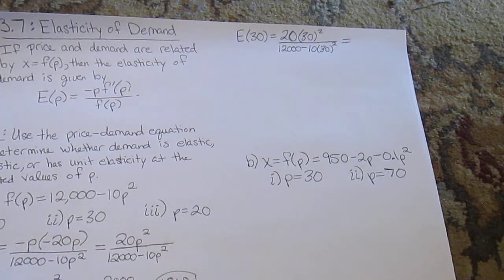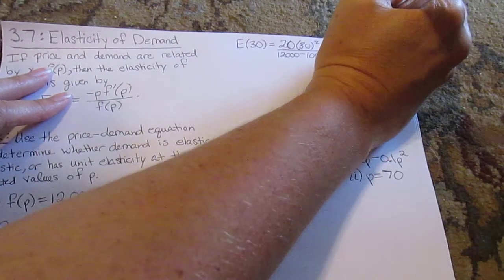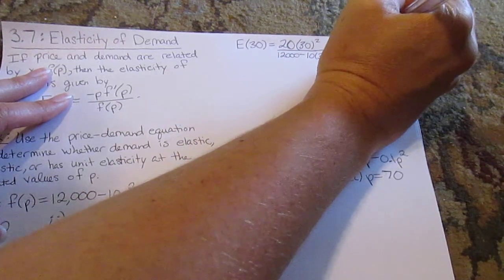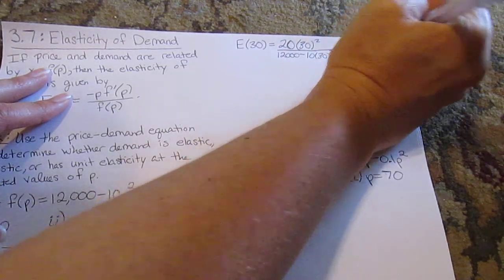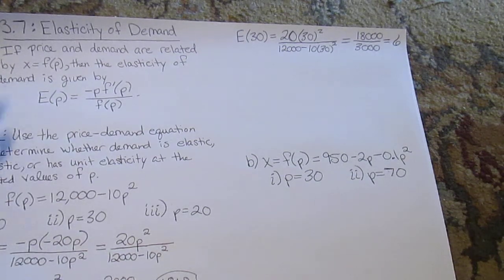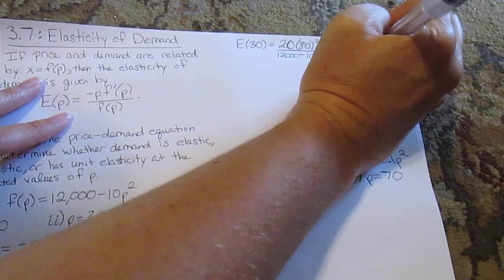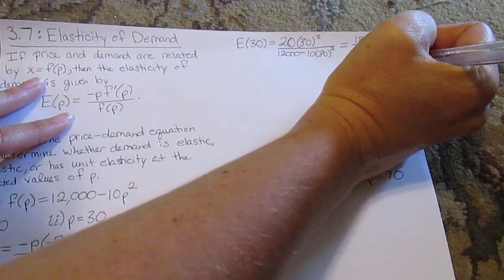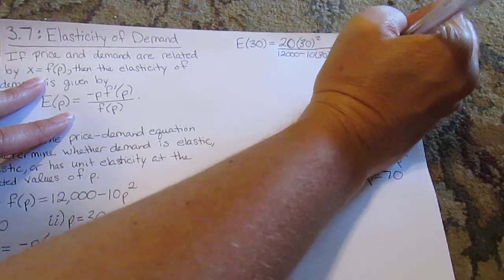Okay, and then I got 18,000 over 3,000, which gave me 6, and that means that one's elastic when E of p is greater than 1.